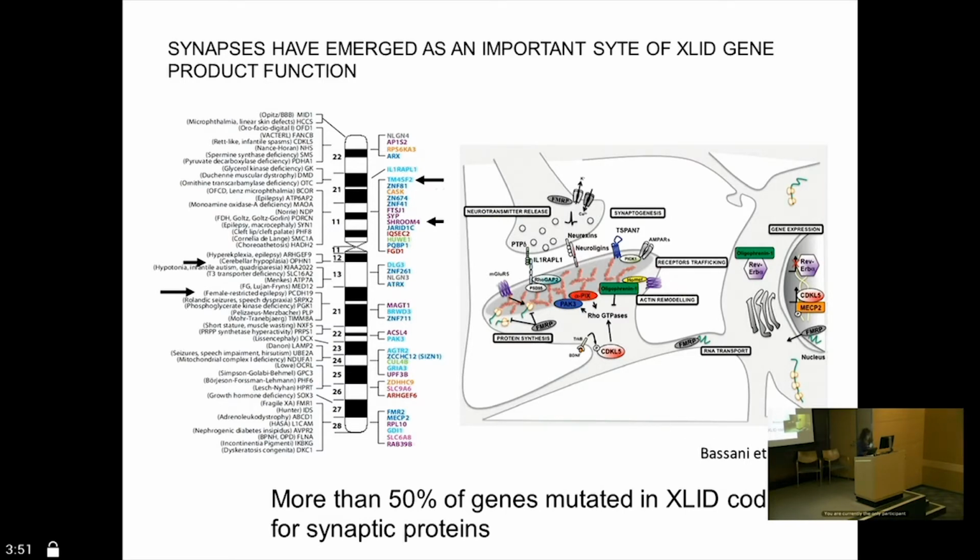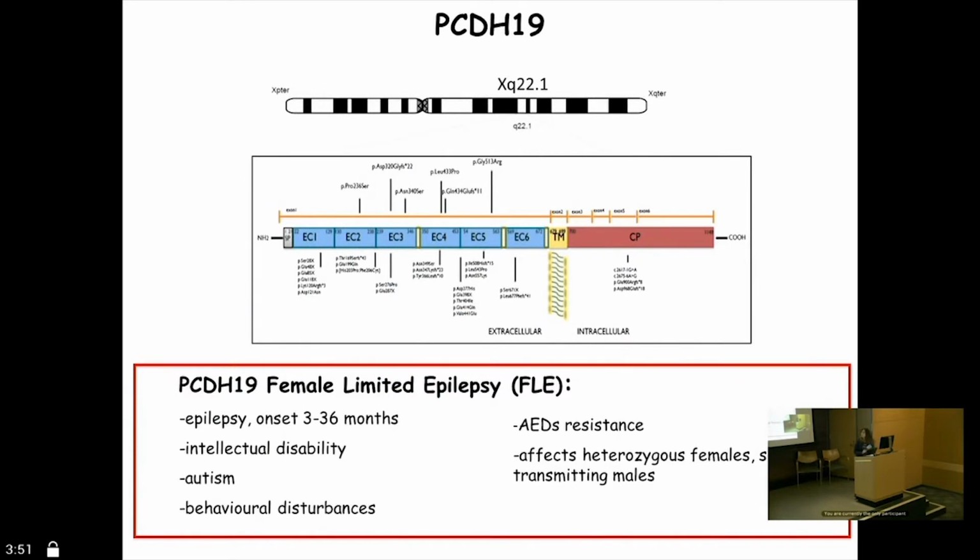Protocadherin 19, as mentioned by the speaker before, is located on chromosome X, and it belongs to the protocadherin family and is a transmembrane protein. Here you see the structure of the protein.